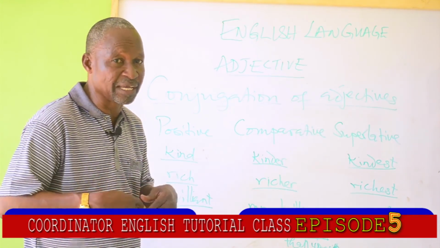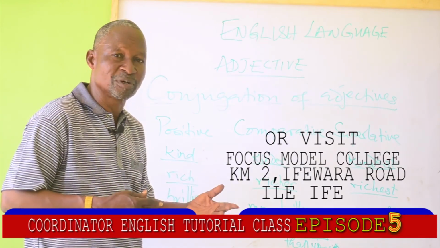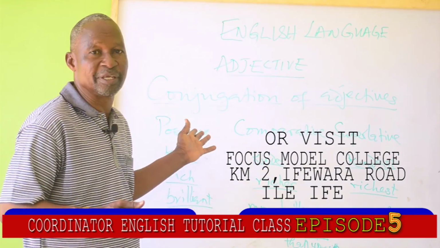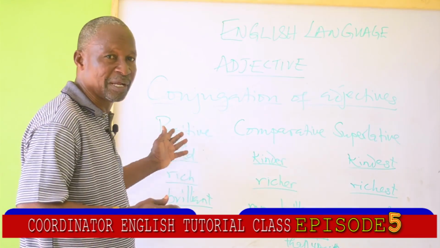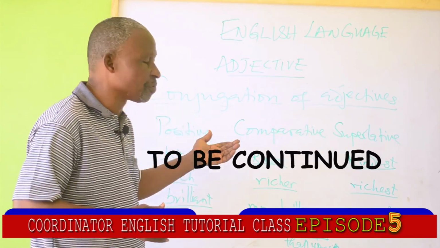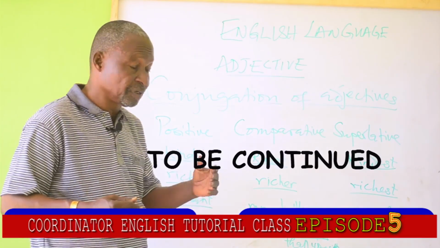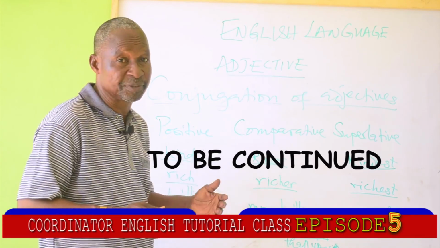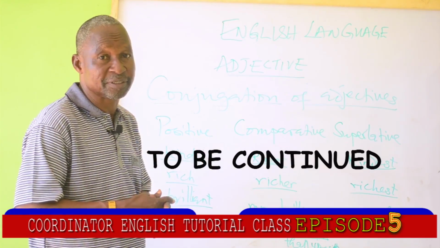So that having decided that, having known the number, whether one or just two or more than two, you will know the correct column, whether positive, comparative, or superlative. I believe you will get more information, more examples in my book, First Time English, Grammar Per Se.